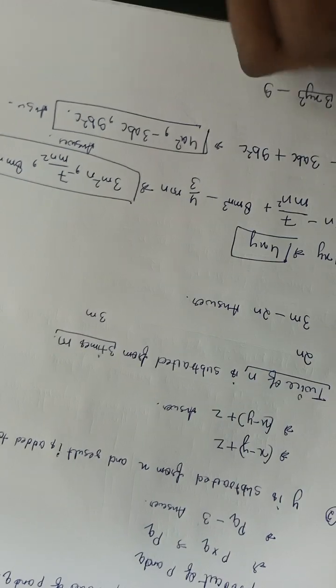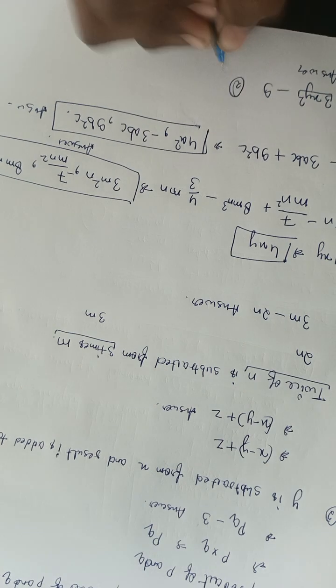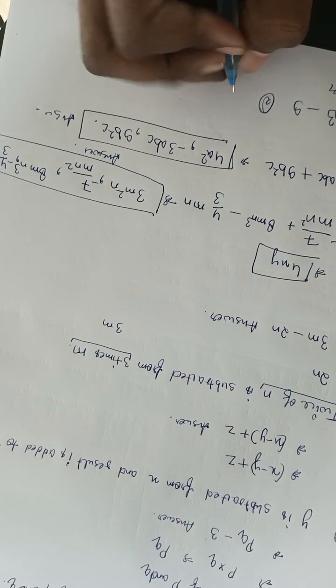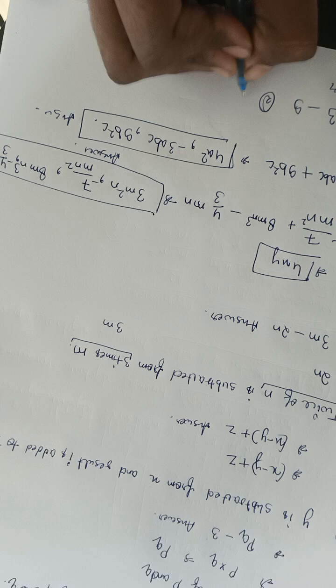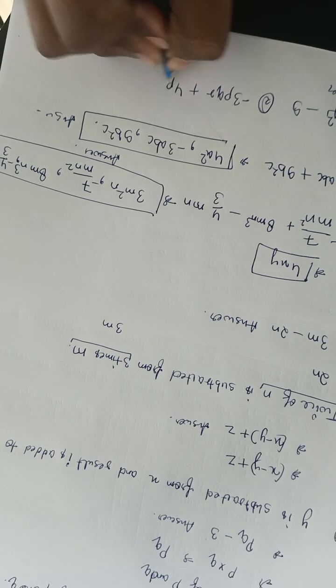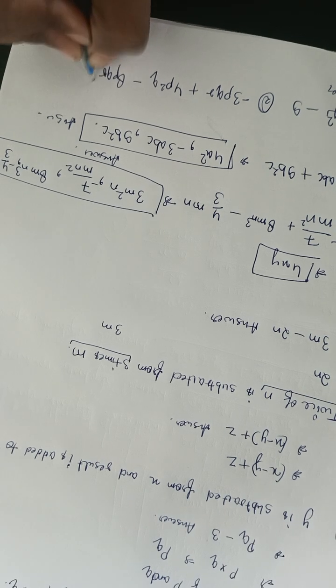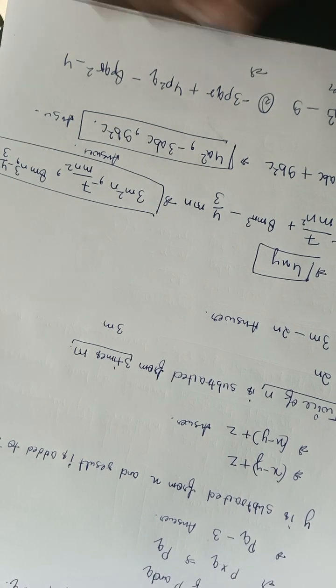Minus 9 is your only answer because it does not contain any variable. Okay, next the second part we will be solving. Second part is minus 3 pqr plus 4p square q minus 8pq r square minus 4. So in this what is the constant term?